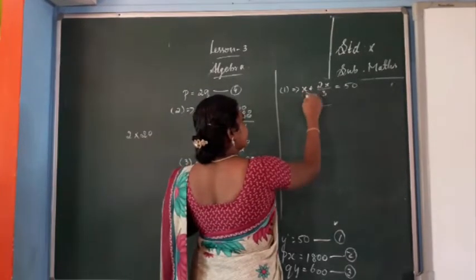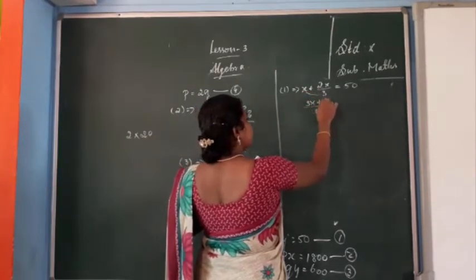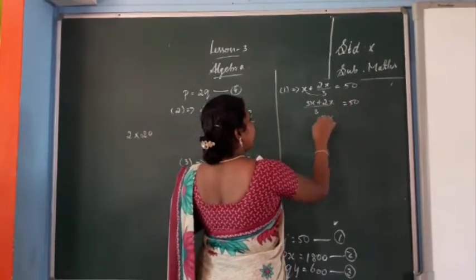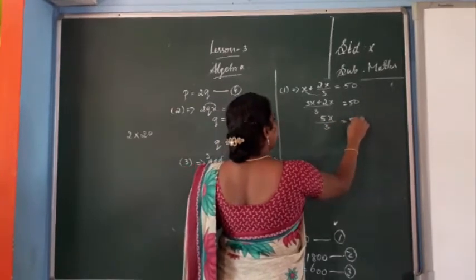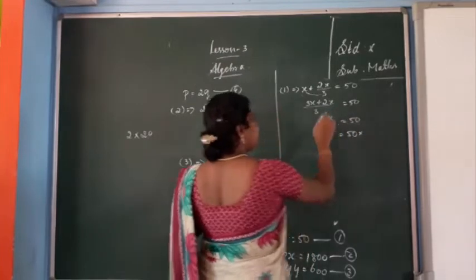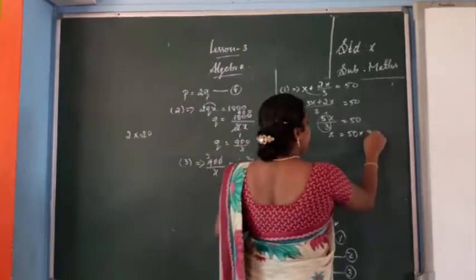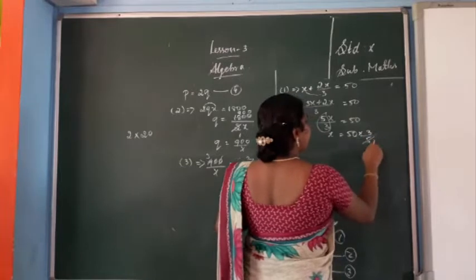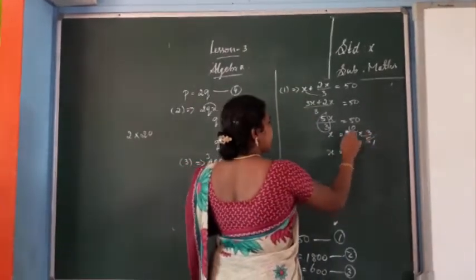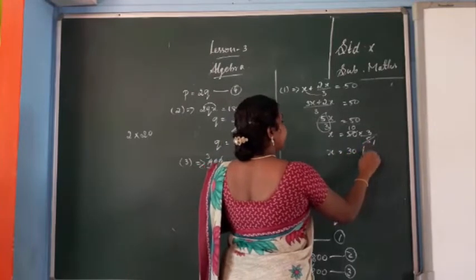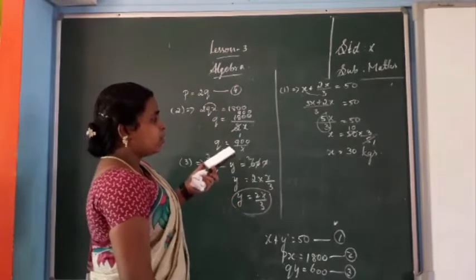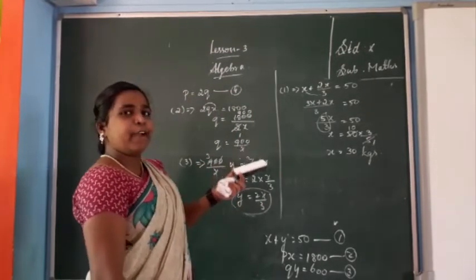So 3 into X is 3X plus 2X equal to 50. So 3X plus 2X is 5X. So 5X by 3 equal to 50. Then X equal to 50 into 3 by 5, taking the reciprocal on the right hand side. Simplify: 1 5 is 5, here 1 5 is 50. So X equal to 10 into 3, 30. So 30 kg. X means the weight of an apple. So she bought 30 kg of apple.